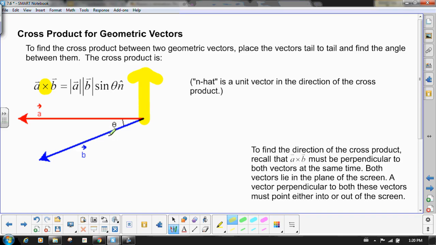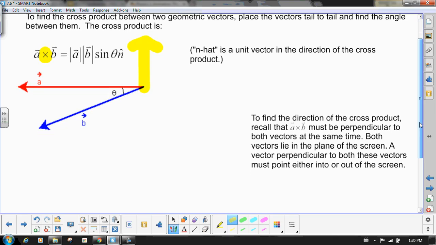If I were to do it in the opposite direction, B cross A, you put your fingers along B and try to curl towards A, you can't do it with your thumb sticking up. Your thumb has to be sticking down. When I'm back in front of you, I'll go over this a little more. There are only two possible directions, either out of the screen or into the screen, or out of your page or into your page, because that's the only way one vector can be perpendicular to the other two.